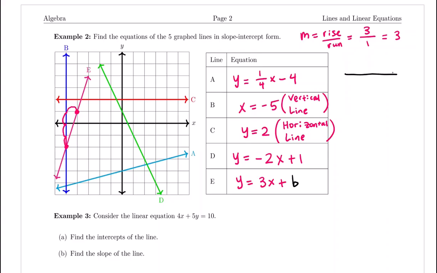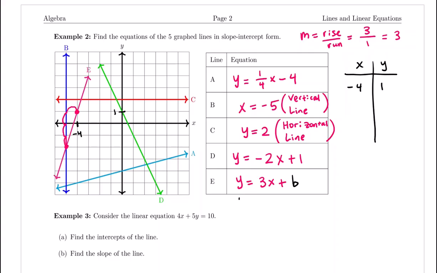However, if I made an xy table for that particular line, one of the points that I've identified is the ordered pair (-4, 1). So (-4, 1) is an ordered pair on my line. I can actually take that and plug it into the equation so that I can solve for b algebraically.